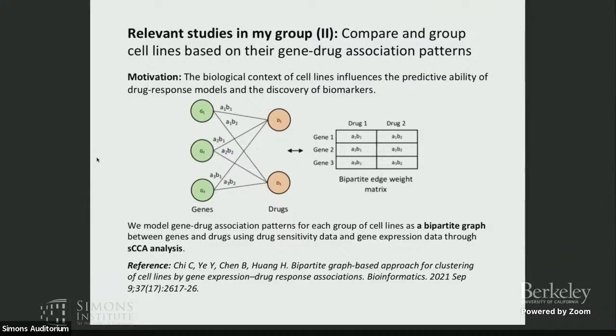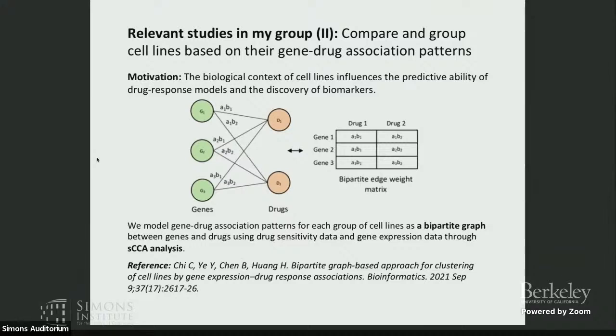So if we want to group the cancer cell lines, we want to combine the two data together. The way for us to group the data together is that for each small cancer cell line group, we try to build this bipartite graph that shows the gene and the drug relationship. We claim that is the gene-drug association pattern.